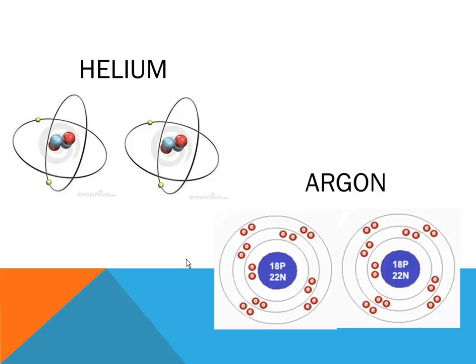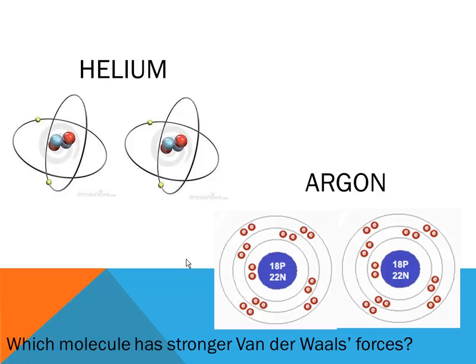So here we have helium. Helium only has 2 protons, 2 electrons, so very light. Argon, on the other hand, is a gas as well, but it has a higher boiling point than helium, and a higher melting point if you get to a solid, because of the number of protons and electrons.